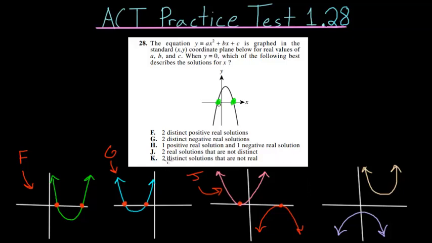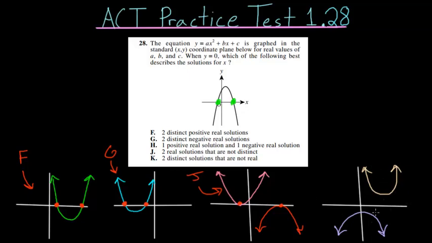And for choice K, two distinct solutions that are not real. So not real being the key words here. And what that means is that our parabola never actually crosses the x-axis.